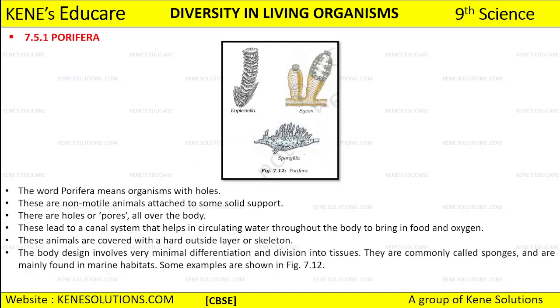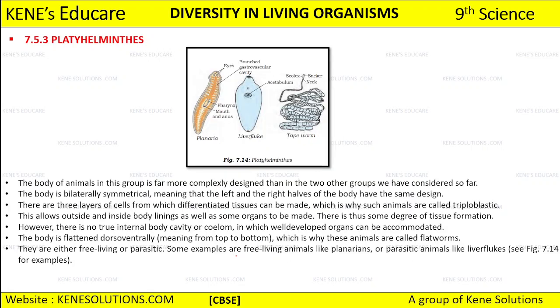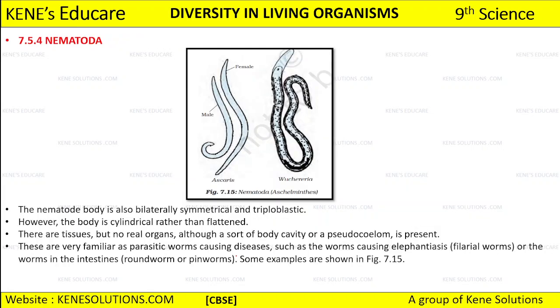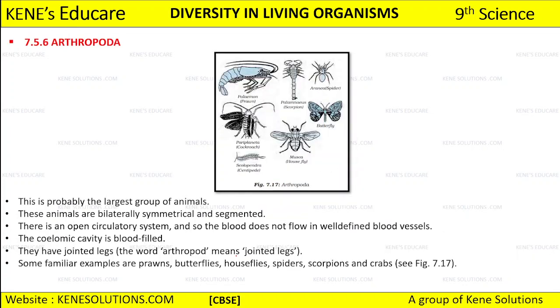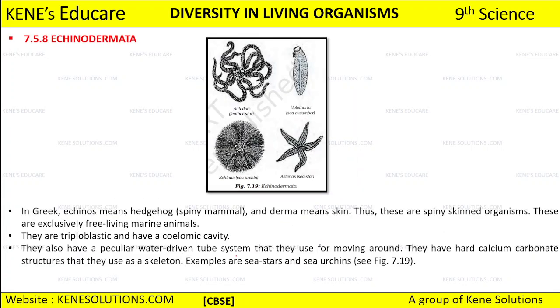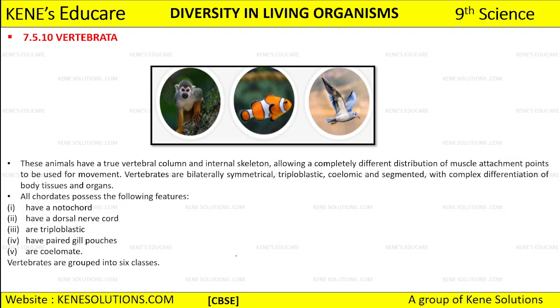So we have phylum Porifera, phylum Coelenterata, which is also called Cnidaria, then Platyhelminthes, Nematoda, Annelida, Arthropoda, Mollusca, Echinodermata, then Protochordata, and lastly phylum Vertebrata.